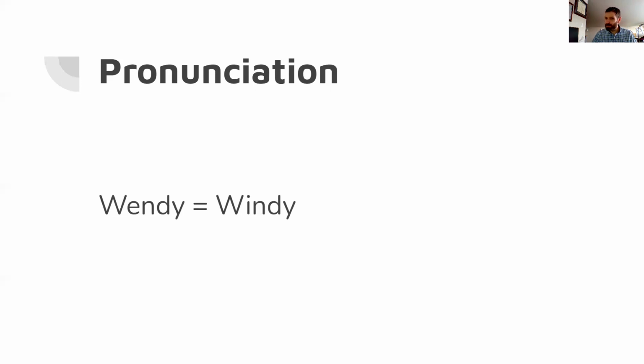And I said, you just said the same thing. And she says, no, Wendy, like in Peter Pan and Wendy. And I said, well, that's not Wendy, that's Windy. Those are two different sounds. These are minimal pairs. There's the Windy and there's the Wendy. I had been married a couple of years and had not realized that my wife from the East Coast doesn't generally make a distinction between those two vowel sounds, the I and the eh.